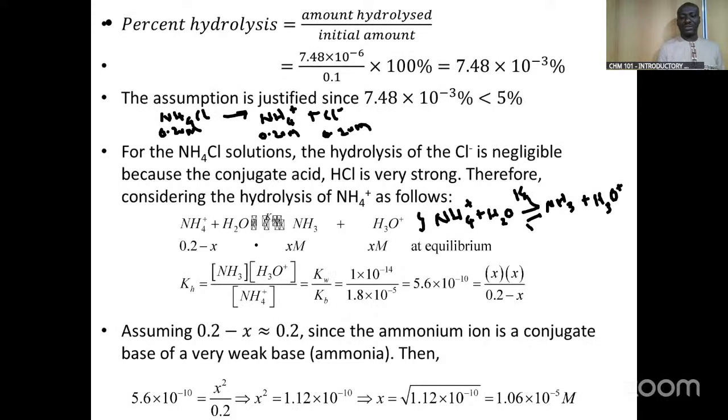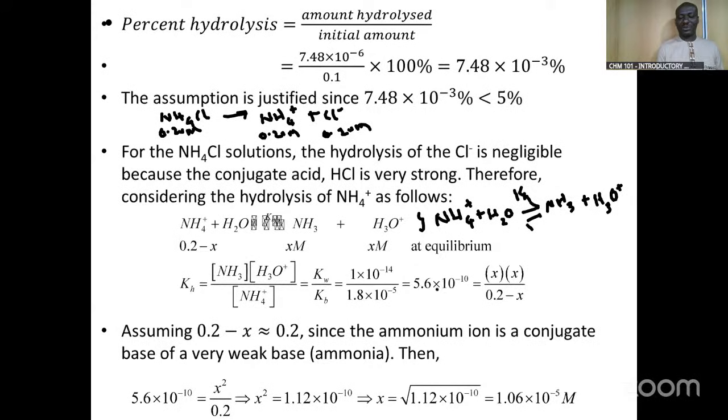This one that you could not see very well is what I've just represented here. So we can say that Kh will be equal to ammonia multiplied by hydronium ion concentration divided by ammonium ion, which of course will be equal to Kw over Kb, right?